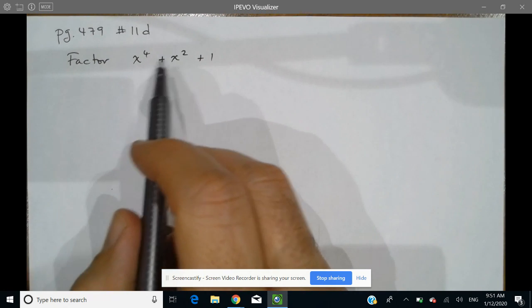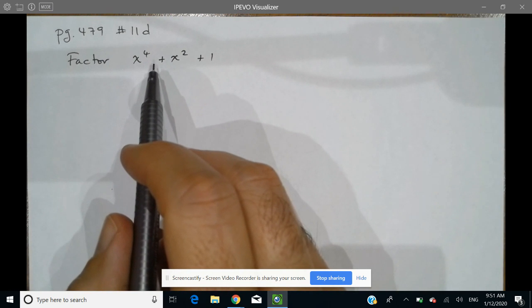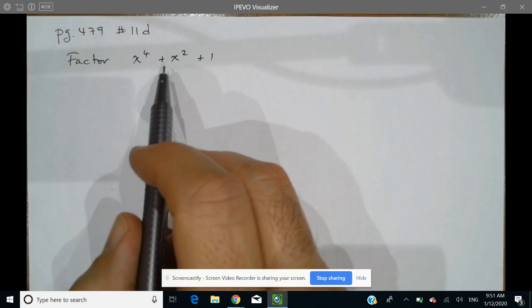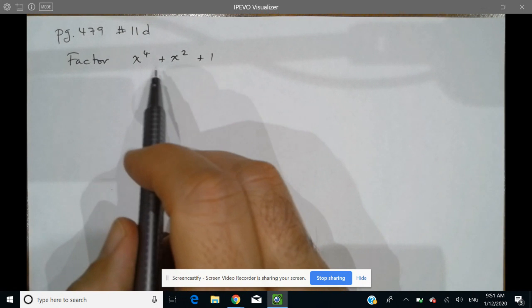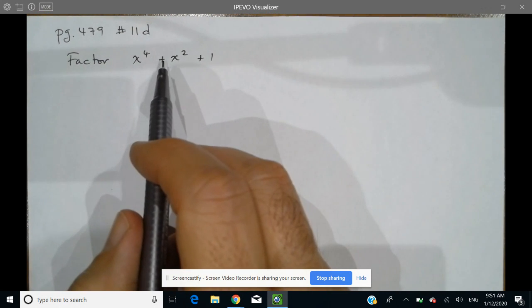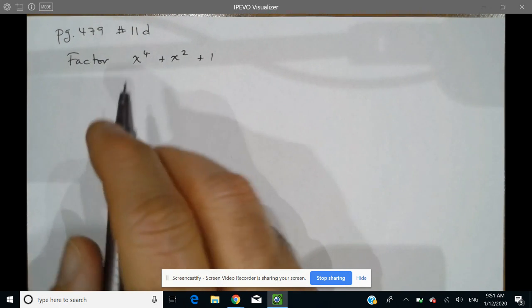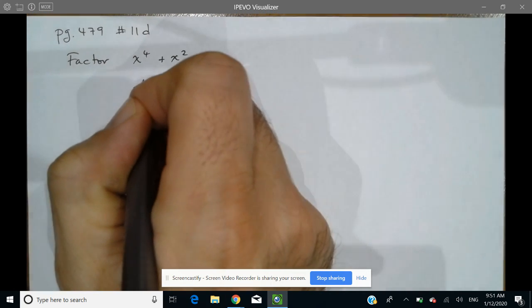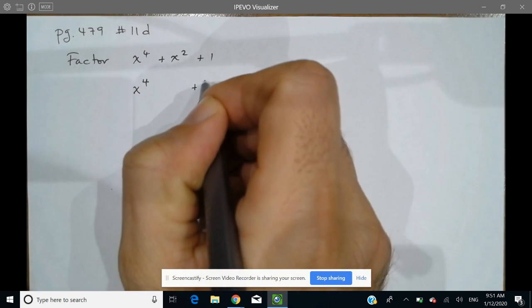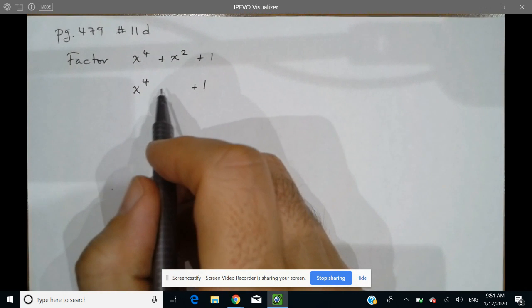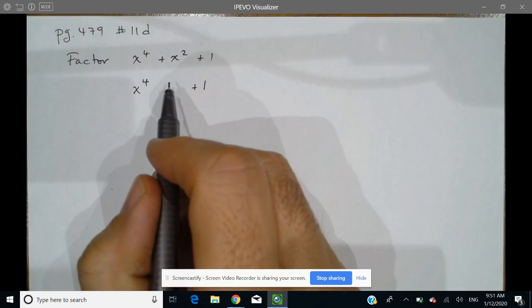Can I change one of the expressions here? In particular, I'm going to focus on this middle term so that I can do some factoring. When I look at the x to the fourth and the plus 1, I realize that if I had a different middle term, I could factor this.